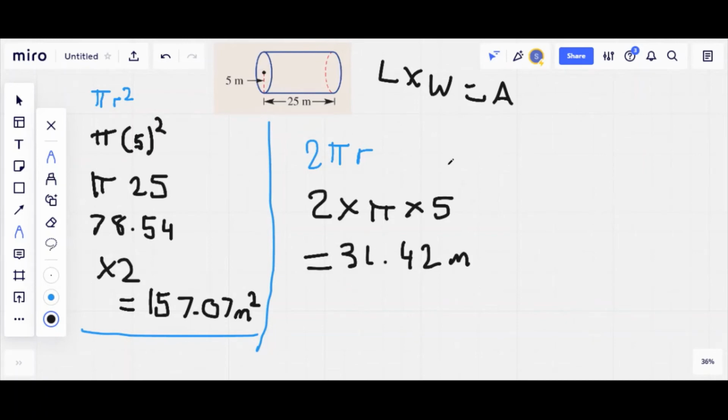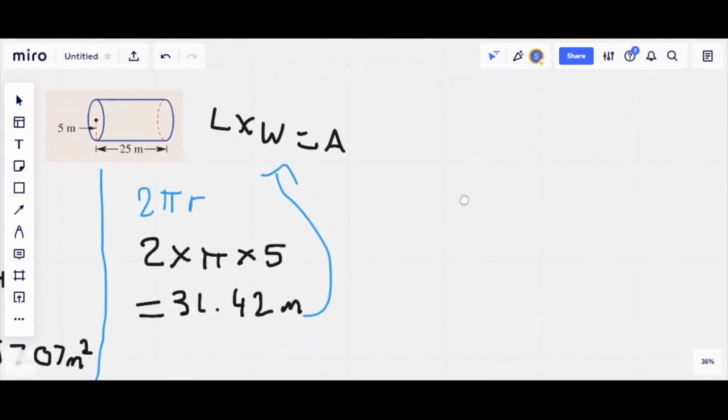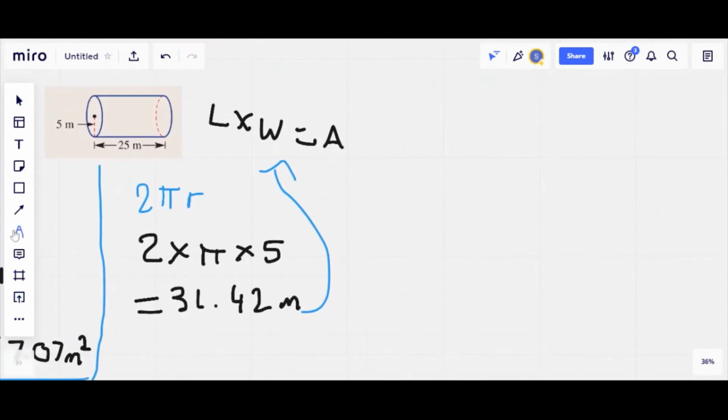So if we substitute this back into the formula at the top, we can have 25 as our length, because remember, look back at this picture. So we have 25 multiplied by 31.42.